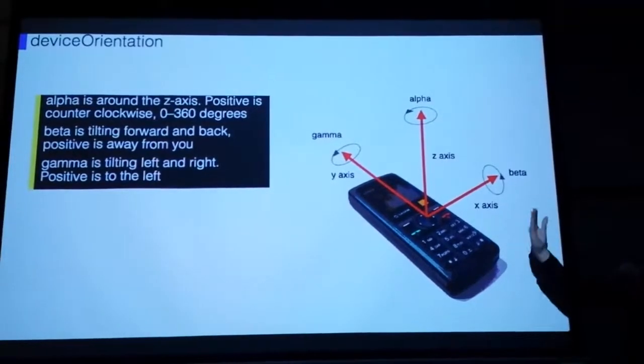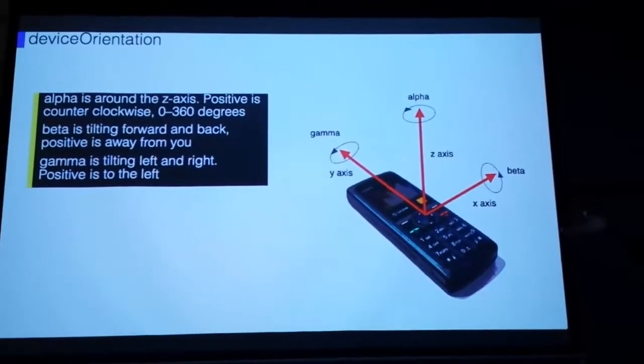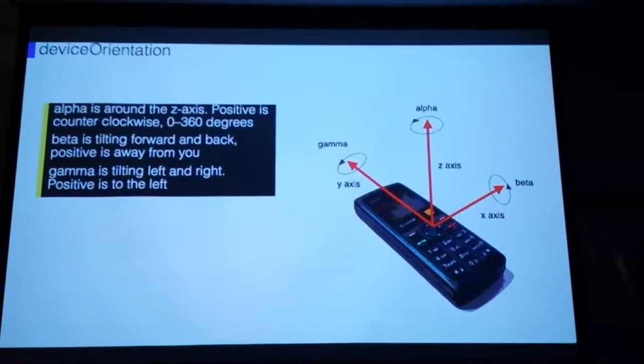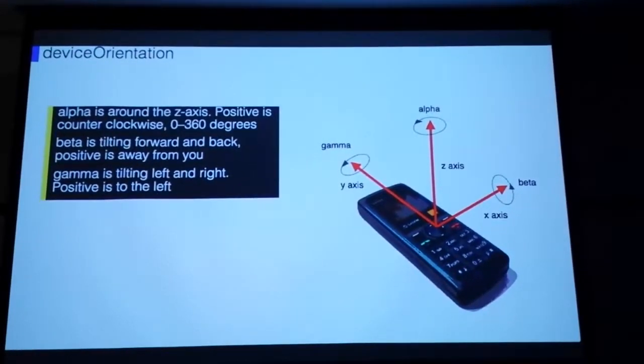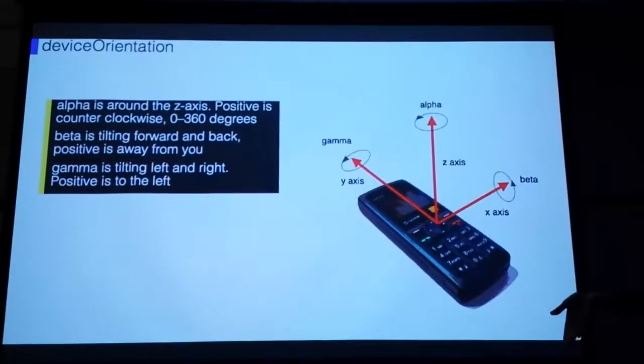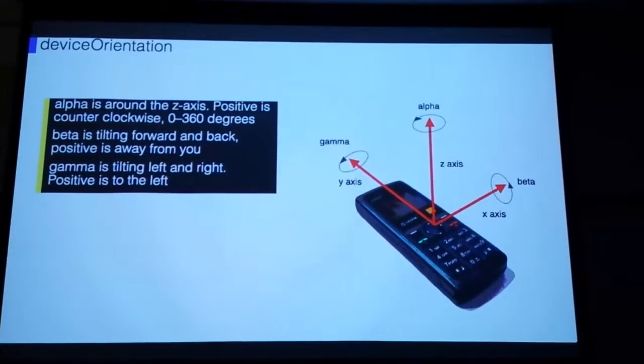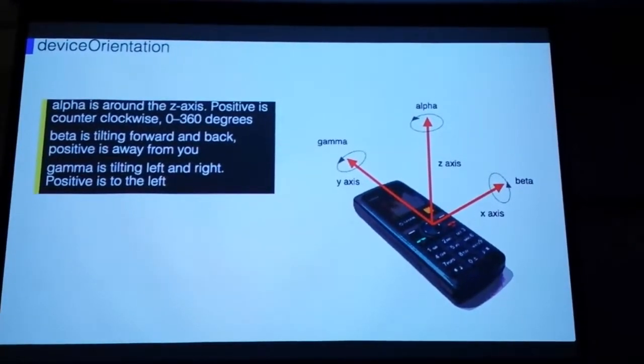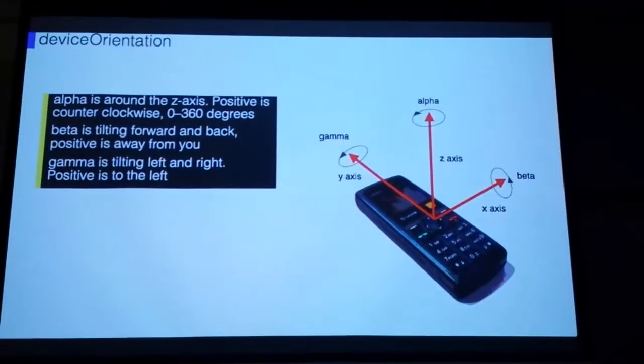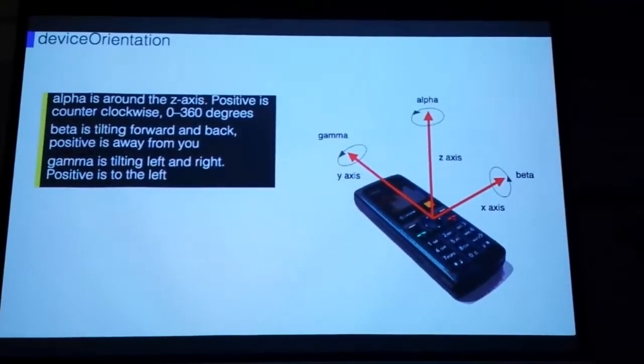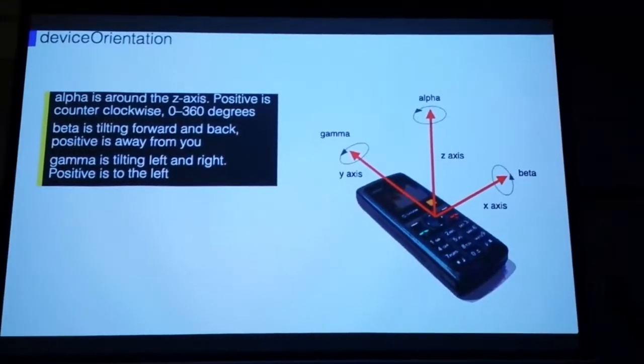If we are moving through the x-axis, basically tilting it forward and back, we get a positive value between 0 and 180 degrees as we tilt it forward, and a negative value as we tilt it back. If we tilt it to the left, from 0 to 180 degrees, and tilt it to the right, from 0 to minus 180 degrees.